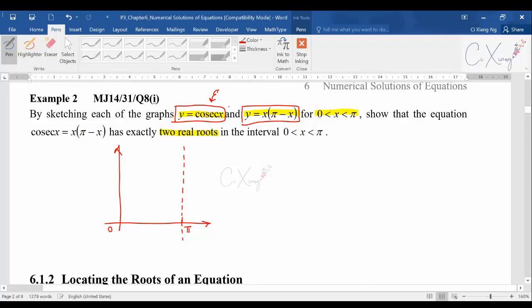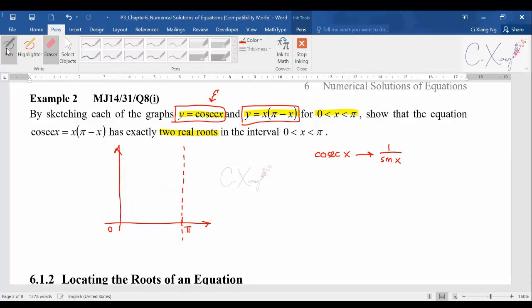You can sketch it from sine, because cosecant x is 1 over sine, right? In the chapter 3 video, I taught you how to sketch cosecant x from the graph of sine x. For this video, I'll draw it straight away. So y equals cosecant x, the graph will look something like this.